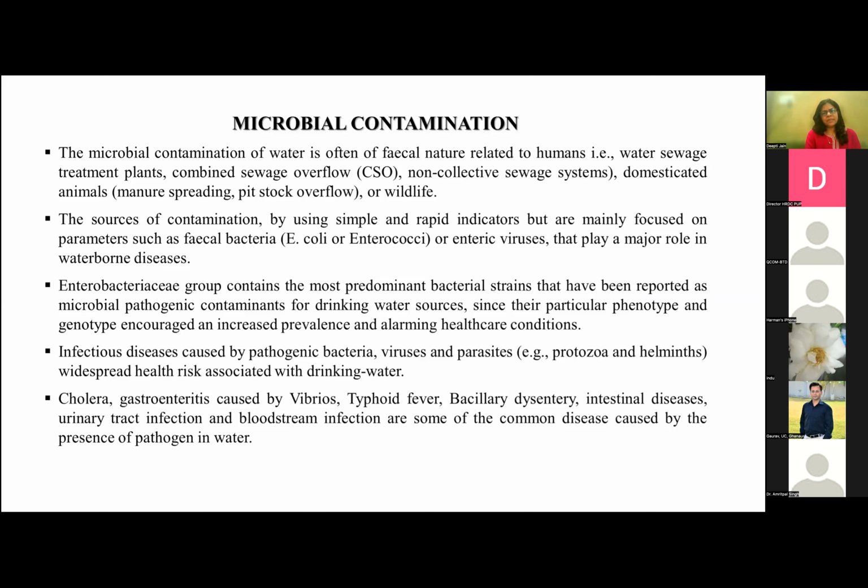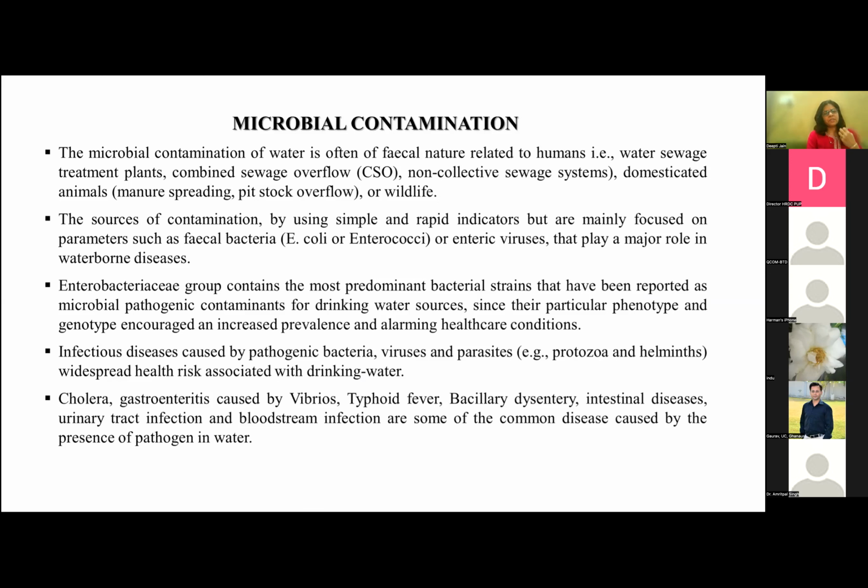The Enterobacteriaceae group contains the most prominent bacterial strains that have been reported as microbial pathogenic contaminants for drinking water sources, since their particular phenotype and genotype encouraged an increased prevalence and alarming healthcare conditions.